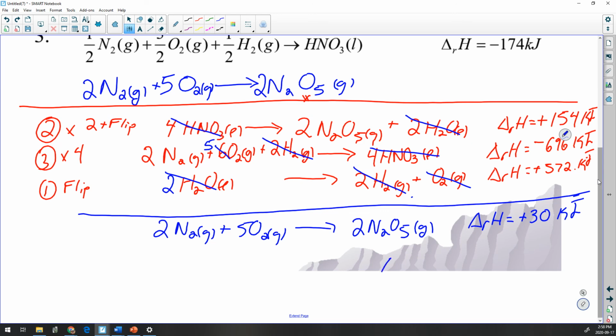So the molar enthalpy is positive 30 kilojoules divided by my 2 moles, positive 15 kilojoules per mole. Oops, might want to put the mole down. Okay.